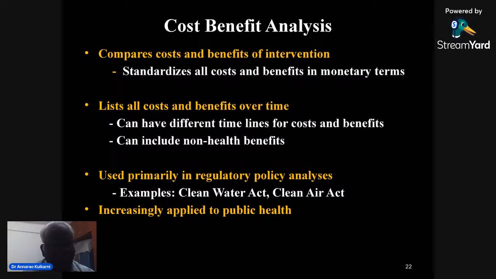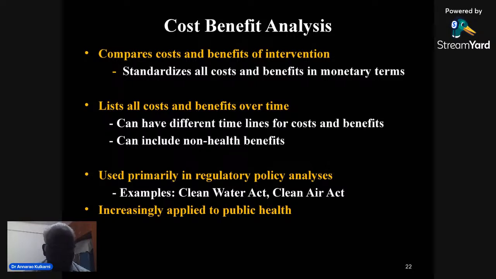Because all programmatic costs and outcomes are converted into monetary terms, we can also consider including non-health outcomes associated with an intervention. If we can assign a dollar value to an outcome, we can include it in the benefit cost analysis.